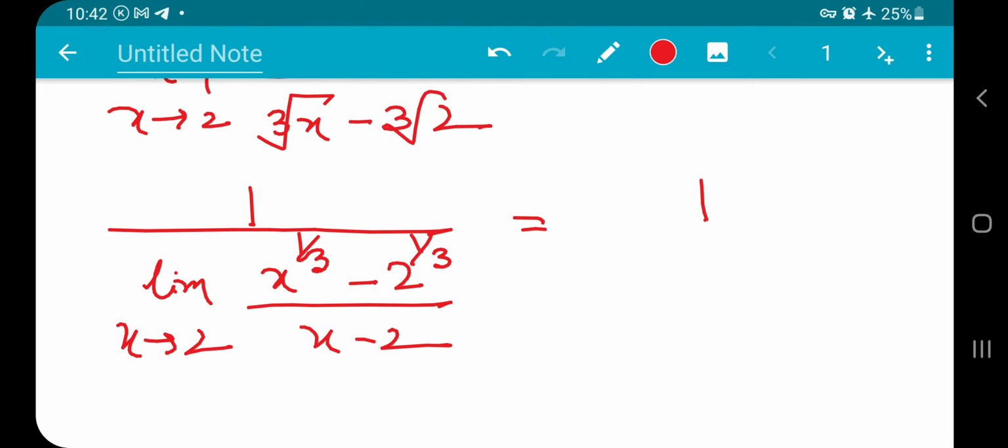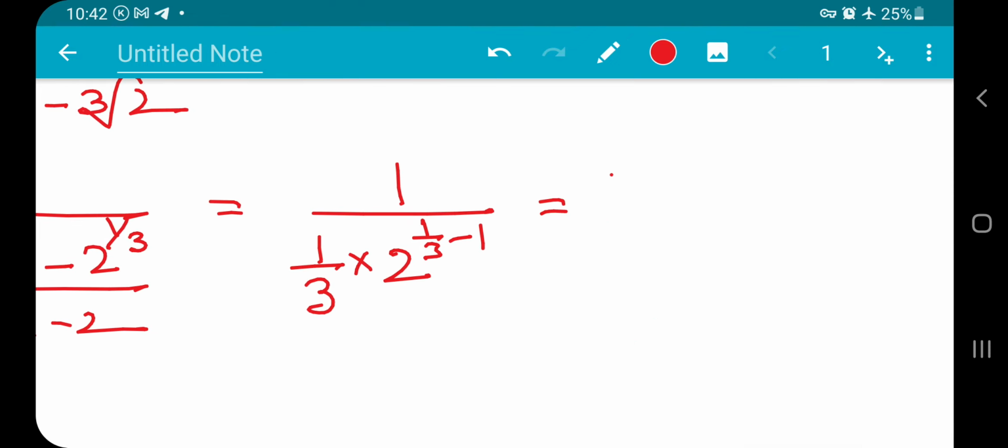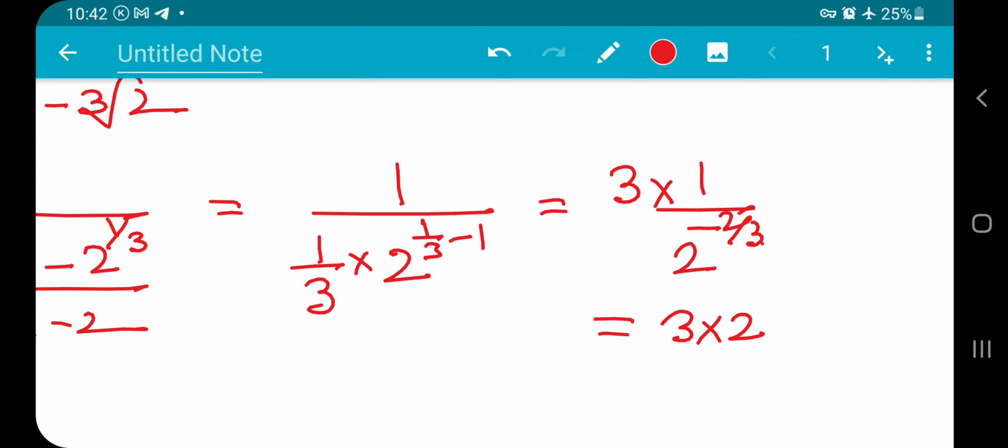So it is coming in a standard form. So write 1 by 3 into 2 to the power 1 by 3 minus 1. 3 into 1 by 2 to the power minus 2 by 3. That is 3 into 2 to the power 2 by 3. And that is the answer.